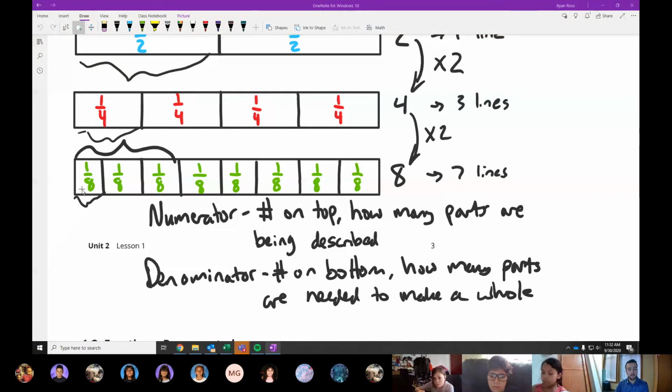So again, numerator, number on top, describes how many parts are being described. If we have 3/4, that means that we have 3 individual pieces of 1/4 that will make up that portion of the unit. The number on the bottom, the denominator, is how many parts are needed to make a whole.